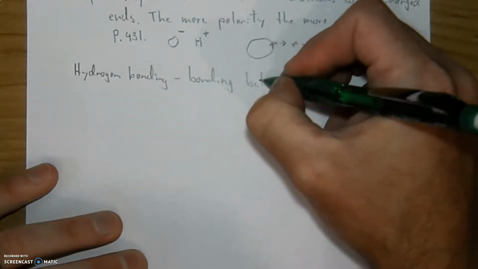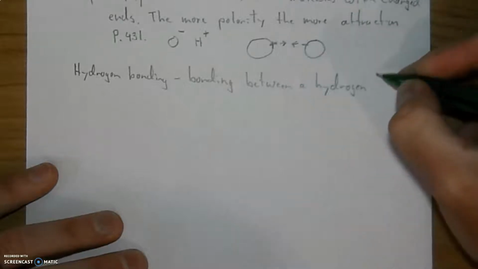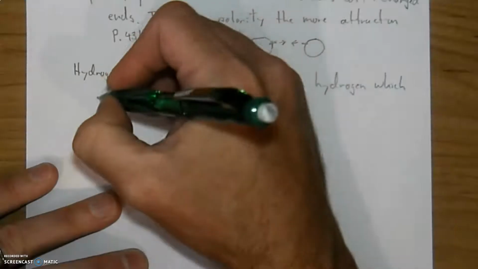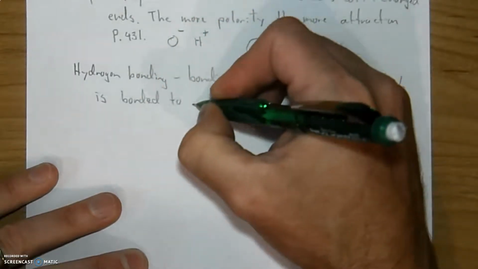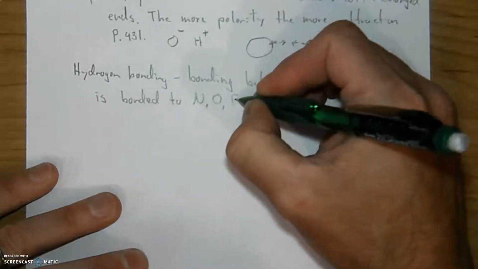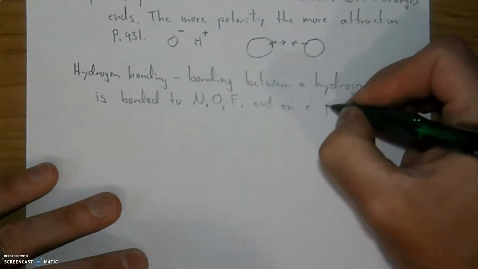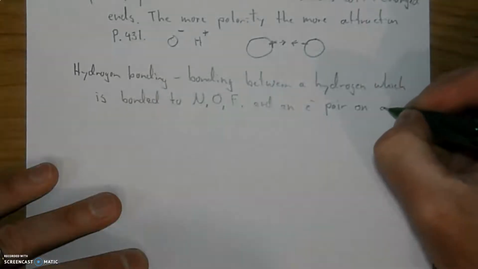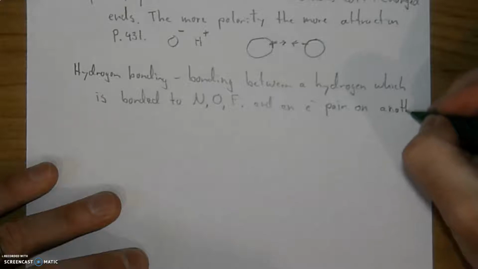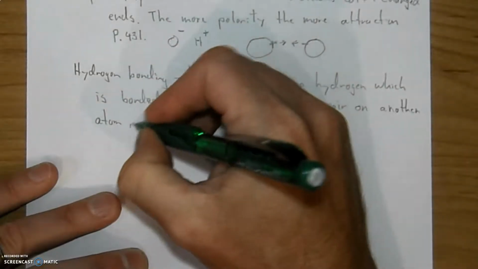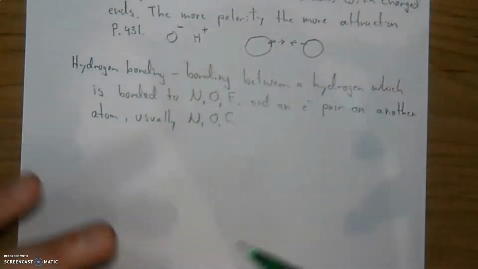It is bonding between a hydrogen, very specifically, which itself is bonded to one of these three: nitrogen, oxygen, or fluorine, and an electron pair on another atom, and it's usually nitrogen, oxygen, or fluorine. So the classic example of this one is to use water.